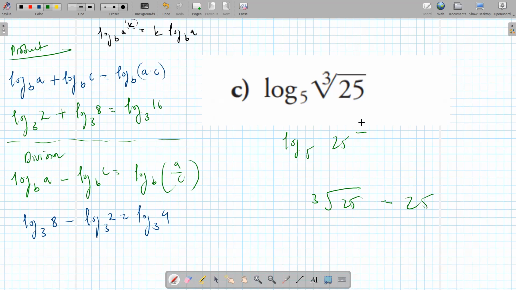So like that. Now we are using logs. What can we do with the power 1/3? Think of the power law. What can we do with that? What do we do with the exponents when we have a log?